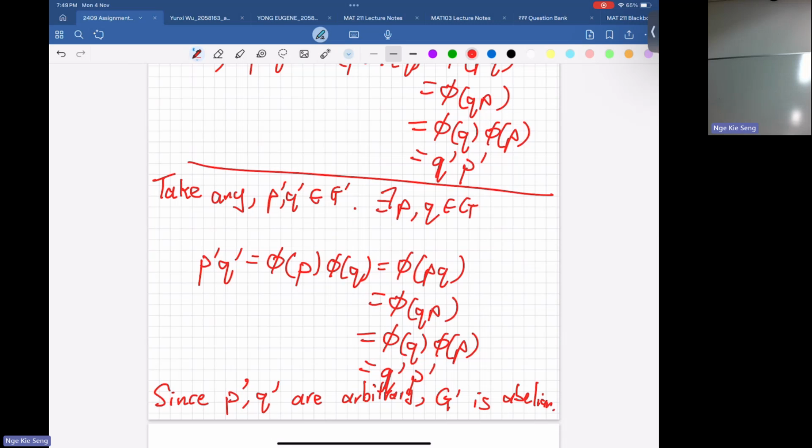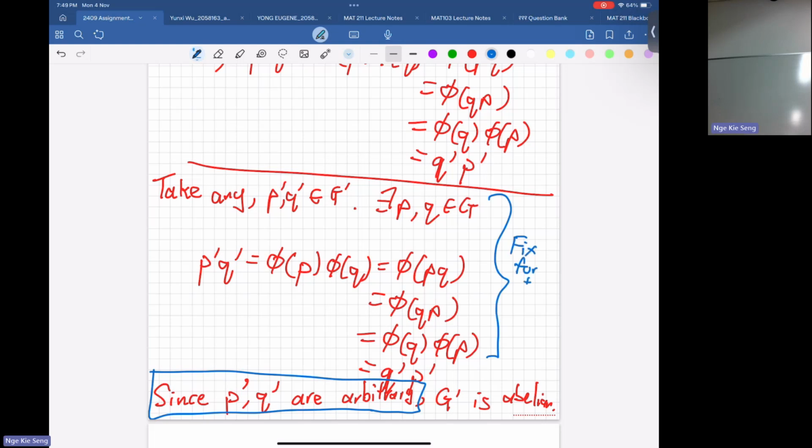You see, this last line here is very important. 然后呢，我证明了它这两个 commute。Then how do I deduce that G prime is abelian？我只检查这两个罢了。Since I check for any two arbitrary, this line has to be important because for the first few lines this is only fixed for two. 我就检查两个罢了。怎么检查两个就可以讲全部啊？Yes, exactly. So these two are chosen arbitrarily.